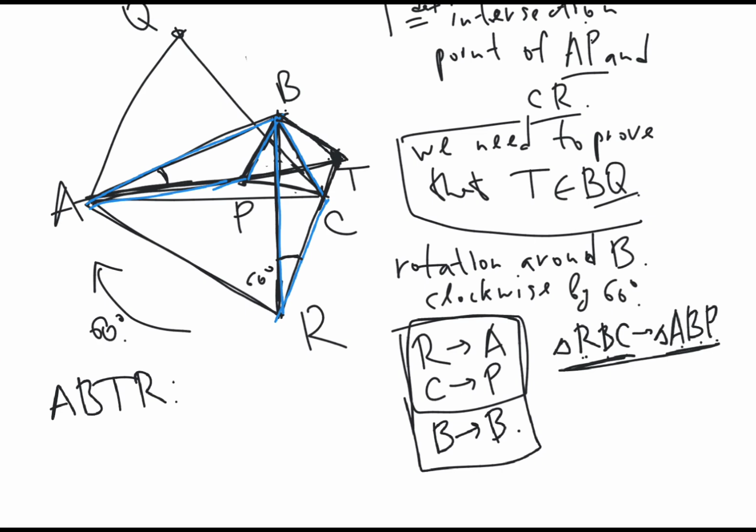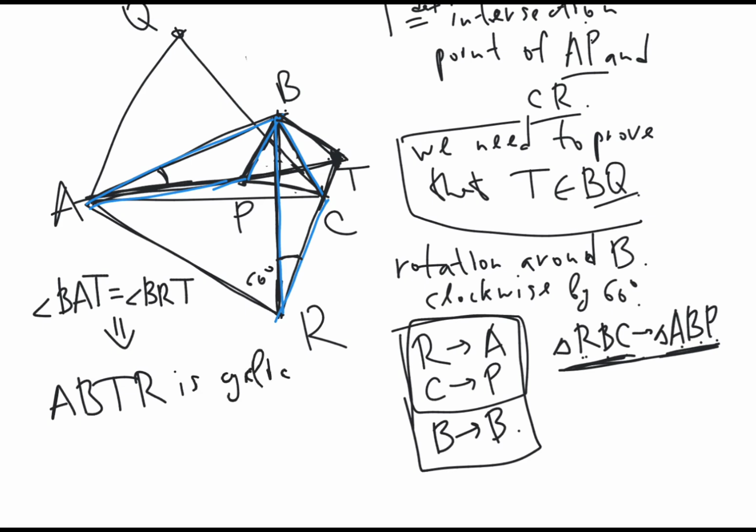So let me write this. Because angle BAT is equal to the angle BRT, as we just proved, as the corresponding angles in these two triangles, this implies that this quadrilateral is cyclic.